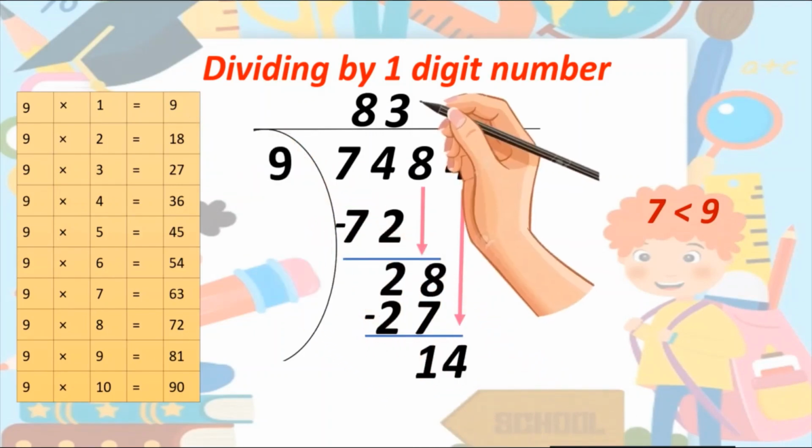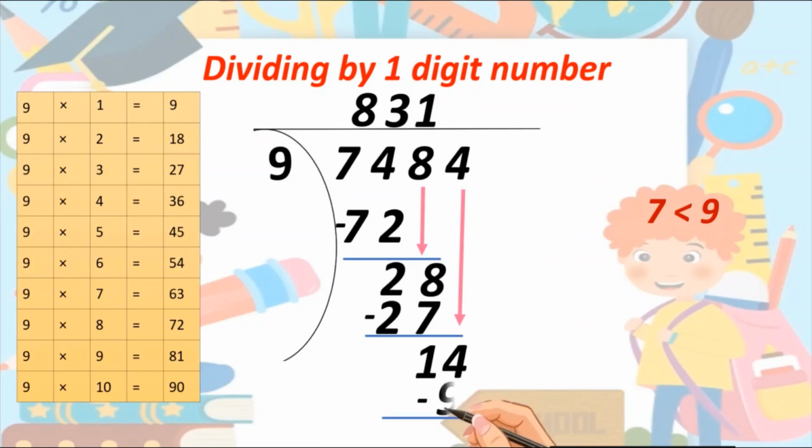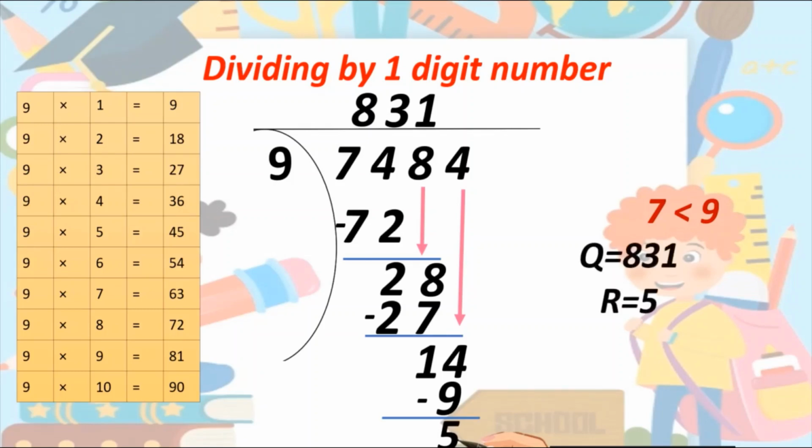So here 9 ones are 9, which is closer to 14 and also less than 14. So we write 9 here and subtract 9 from 14 to get remainder as 5. So here the quotient is 831 and the remainder is 5.